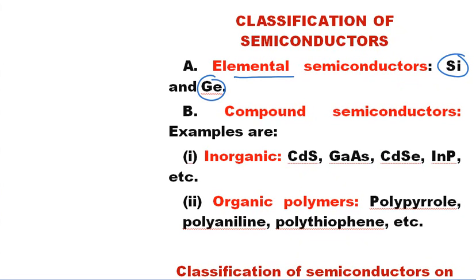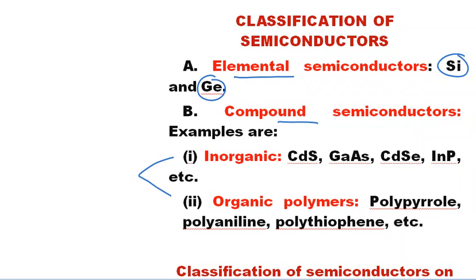Then we would like to state compound semiconductors. Dear students, there are so many compound semiconductors. Again, compound semiconductors may be arranged into inorganic and organic.